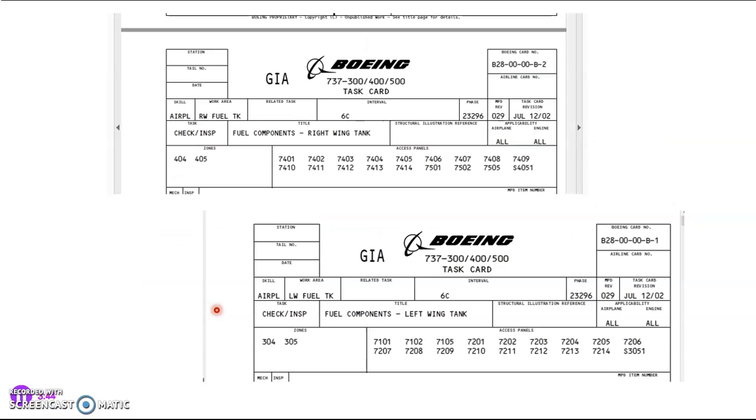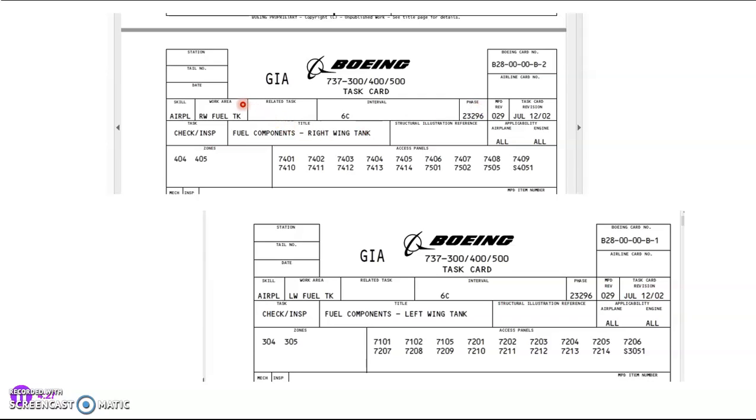The next slide is about fuel components, right wing tank and left wing tank. Why do I combine two title boxcars in one slide? Because I want to show you the same information in the title of the boxcar. You can see the same information like skill, interval, boxcar revision, applicability, the boxcar about, and the base.